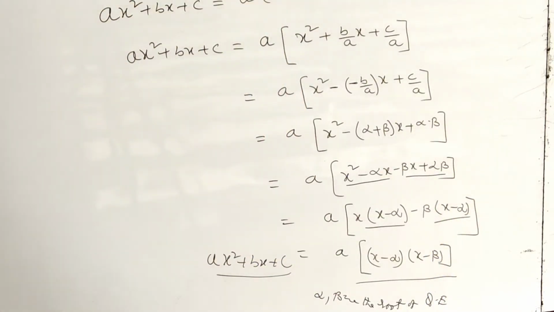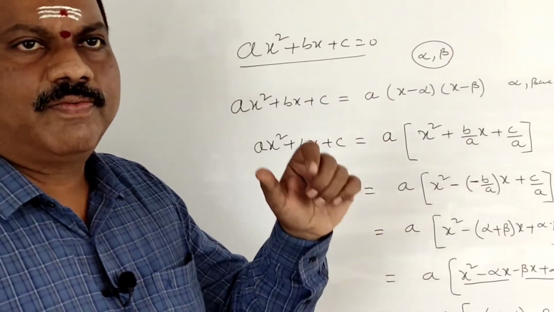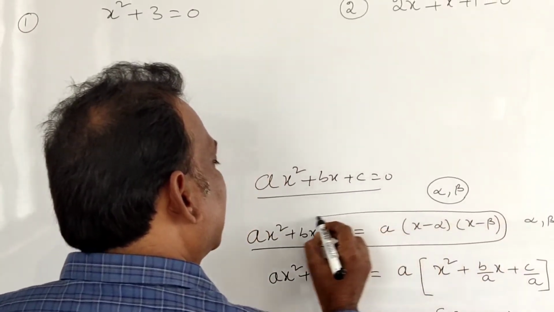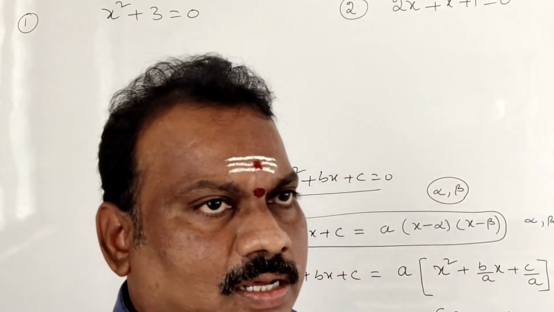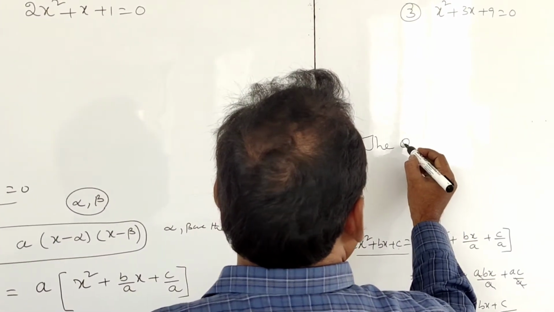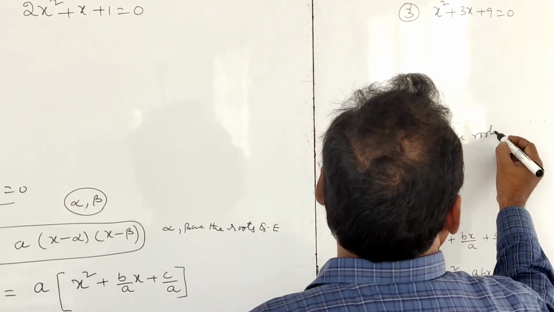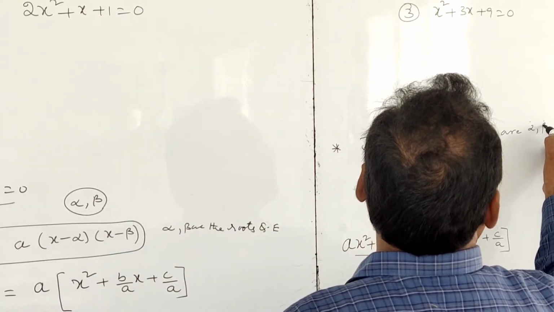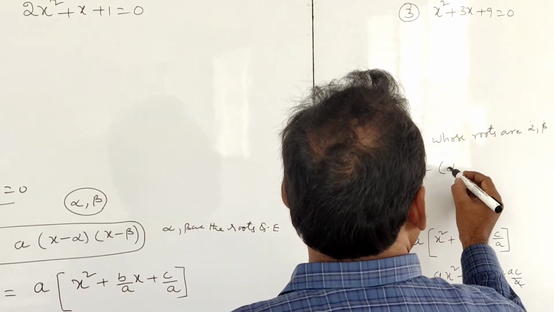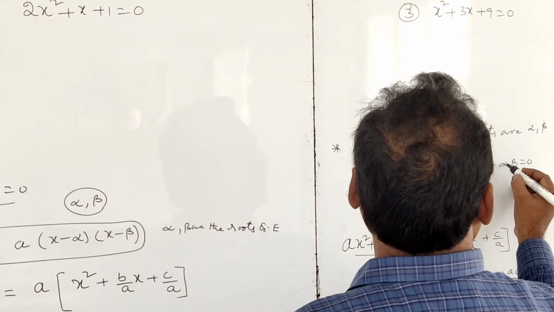So remember it: for the expression ax square plus bx plus c, whose roots are alpha and beta, we can always express this value in terms of this. And one more small formula: if the quadratic equation whose roots are alpha and beta, then its formula is x square minus of alpha plus beta into x plus alpha into beta is equal to 0.